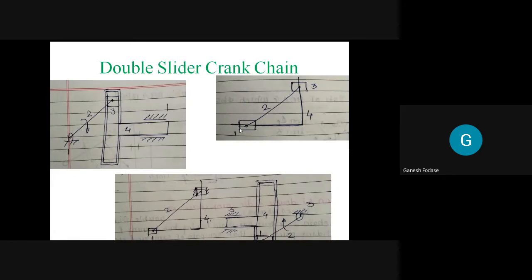So link number 1 and link number 3 are both sliders. Link number 2 is used to connect slider 1 and slider 3 by means of turning pairs. So link 2 forms a turning pair with link 1 here, and link 2 with link 3 forms a turning pair here. So these are the 2 turning pairs formed by link 2 with 1 and 3.